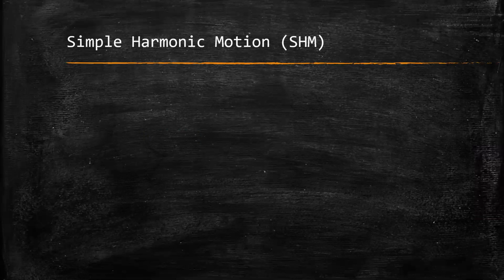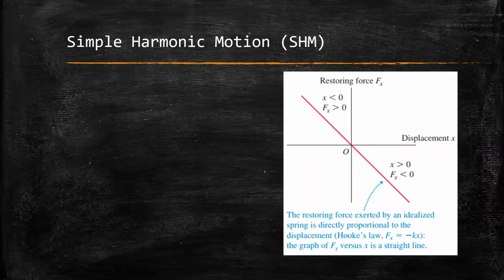Now we have simple harmonic motion. The restoring force exerted by an idealized spring is directly proportional to the displacement, which obeys Hooke's law, wherein Fx is equal to negative kx.